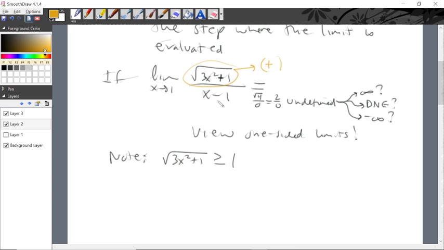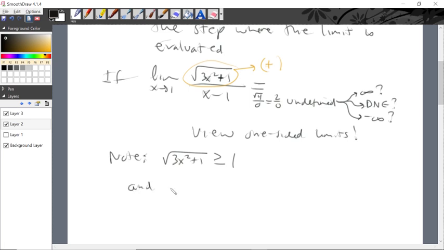But if the denominator is always negative, then we would have a positive number on top divided by a really small but negative number on the bottom, and the ratio would go to negative infinity. But if the denominator flip-flops, depending on the direction we approach 1, sometimes positive but sometimes negative, then the ratio is bouncing between positive infinity and negative infinity. In that case, since the two limits don't agree, we would have does not exist. In any case, we'll have to take a look at the one-sided limits.